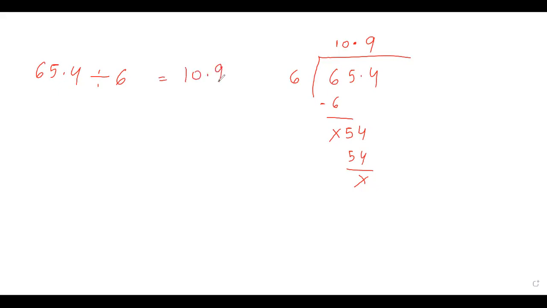Have you understood why I have put 0 here? Because we have taken one digit more after 5. Yes, because 5 is smaller than 6, I cannot do anything, so I have to take another digit. To write the other digit, I can do it like this. So this is your first question.